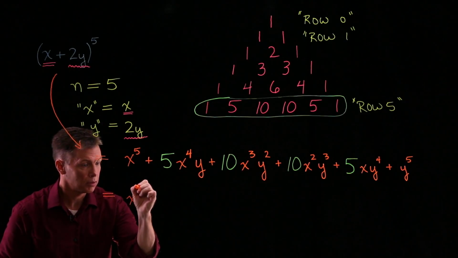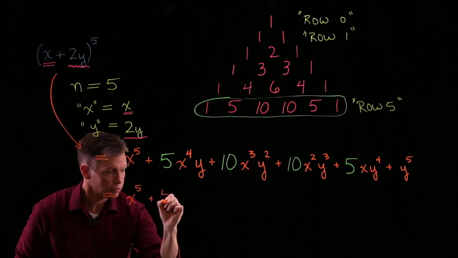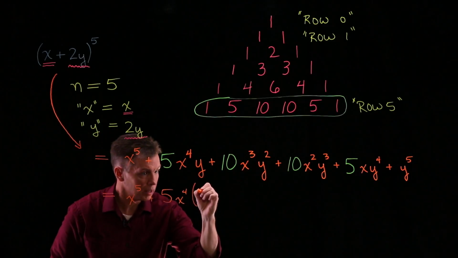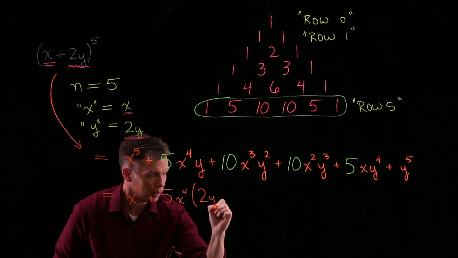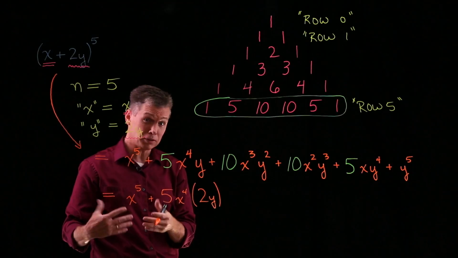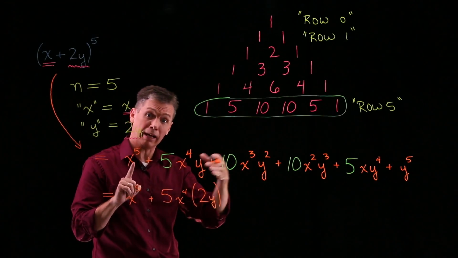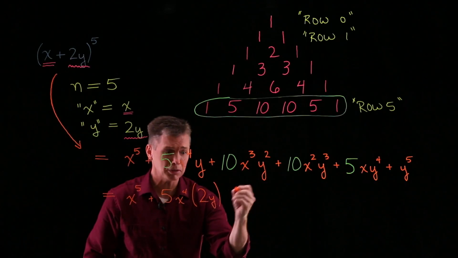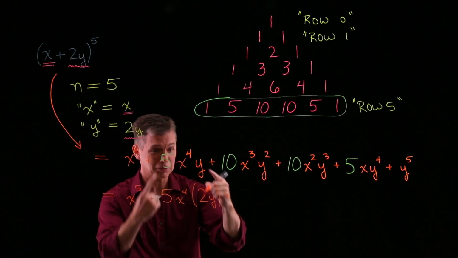x to the 5th plus 5x to the 4th. And instead of y, it's actually 2y. I'm going to advise you to use parentheses because it'll help you when you get into exponents in your later terms that we'll see in a couple seconds.